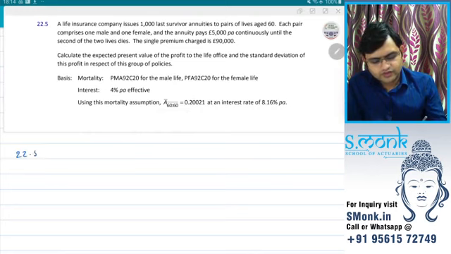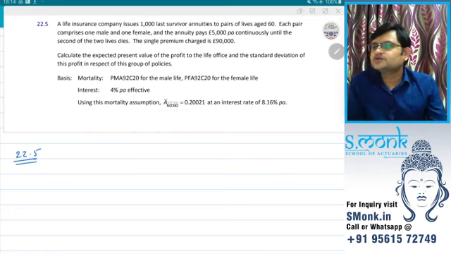22.5. A life insurance company issues 1,000 last survivor annuities to pairs of lives aged 60. Each pair comprises one male and one female, and the annuity pays 5,000 per annum continuously until the second of the two lives dies.